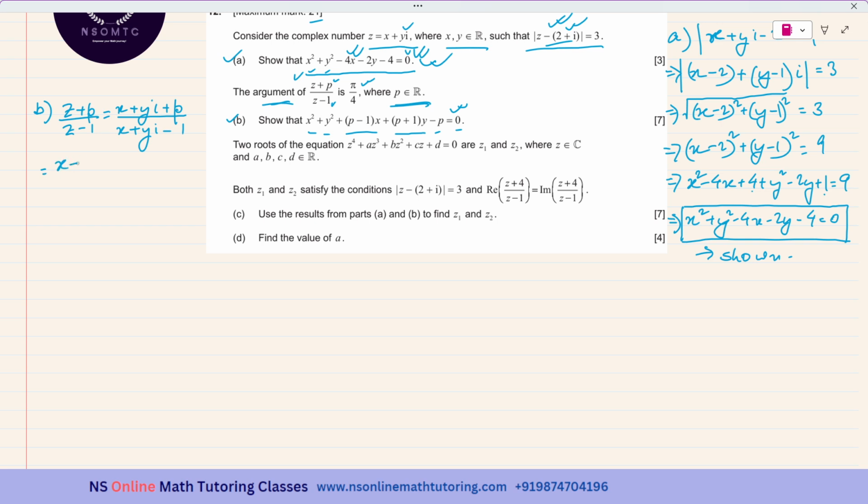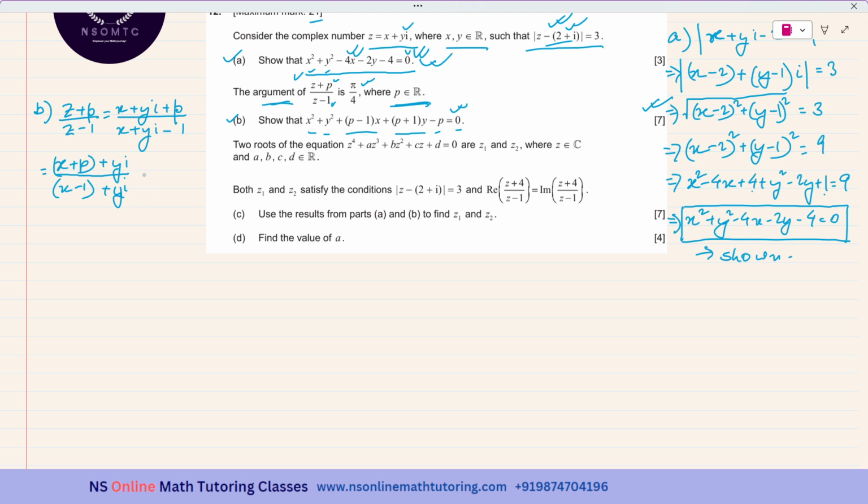So it is x plus p plus yi, and it is x minus 1 plus yi. This is carrying 7 marks, you see. So if we can solve this, we'll be getting 7 marks.